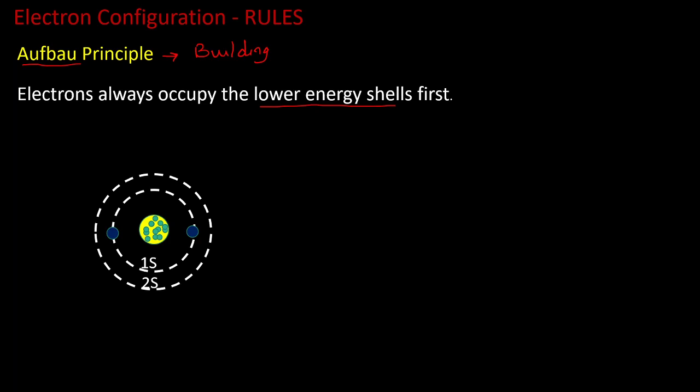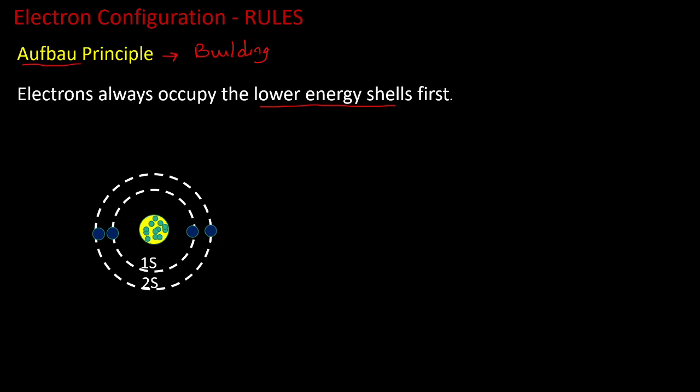And if by chance I put one more electron in 1s, there would be more electron repulsion, and such an atom would not be stable. The electron is automatically pushed to the second shell. The second shell is farther from the nucleus and has a higher energy when compared to the 1s. So the second shell will occupy 2 electrons.